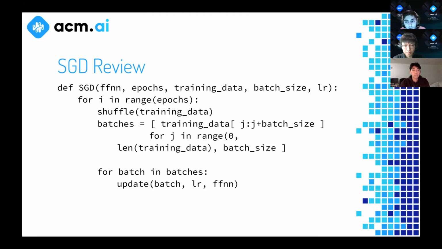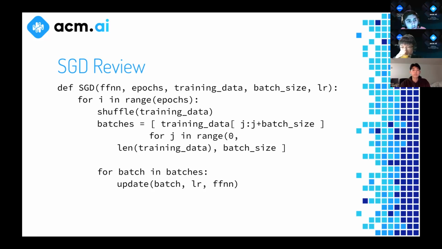Okay, so let's briefly review a few vocab terms. We discussed last week that we refer to one epoch as one iteration over the entire training set. Every time your network has been exposed to the entire training data set one time, that means you've completed an epoch.